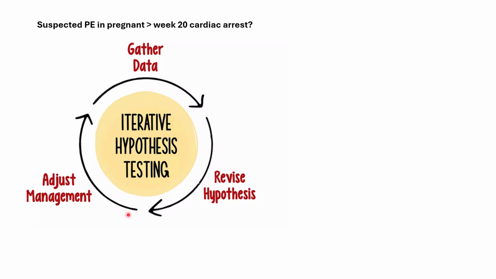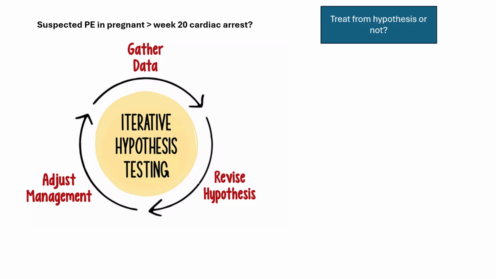We treat it with adrenaline, and then we have time to gather more data, and we see from the treatment, did it help or did it not? And either we need to give more or in a different way, or we think it might be something else, and we have to revise our hypothesis and give the treatment for that, right? So that's the iterative hypothesis testing that Sarah Krager has talked about in her lectures on this, and they're really great, so you can check those out.